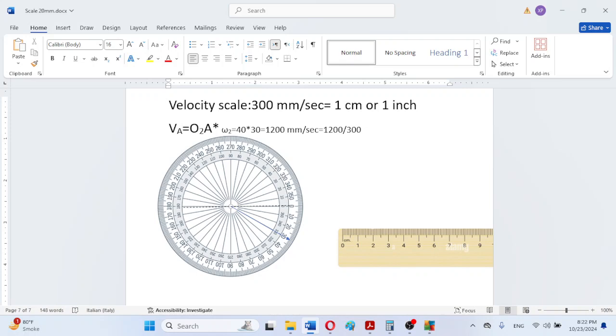So this is equal to 4 centimeter for better clarity.